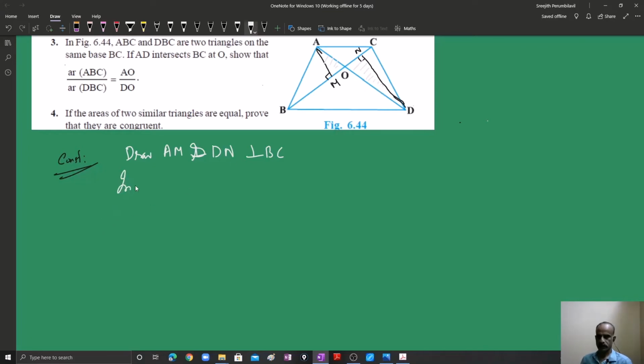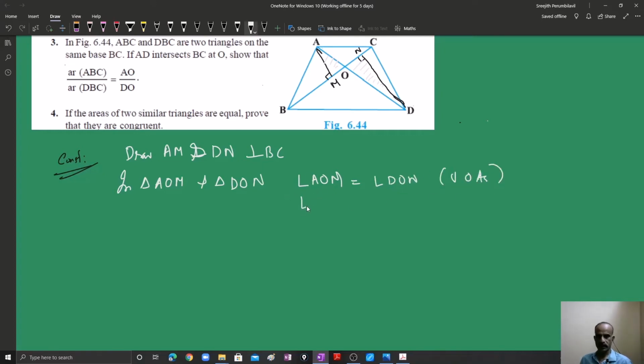So in triangle AOM and triangle DON, angle AOM is equal to angle DON, that is vertically opposite angles.